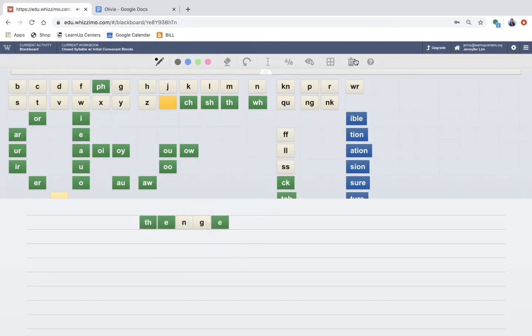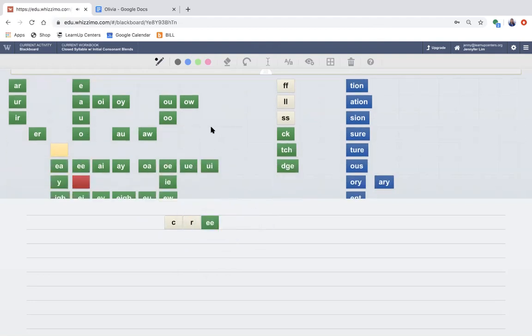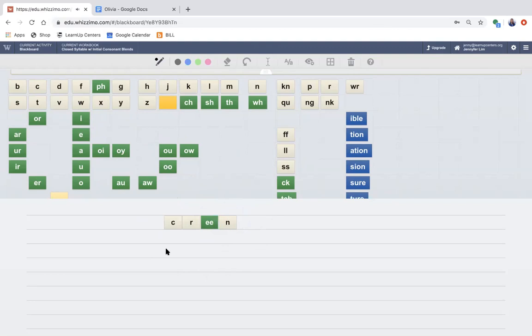Okay, next I'm going to make the word and I want you to give me the sound of it. So the first word is this. Crane. What this? Crane. What this?